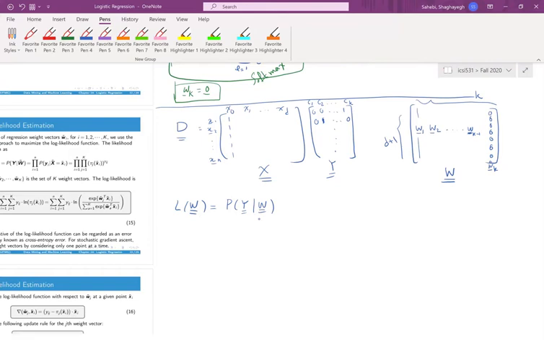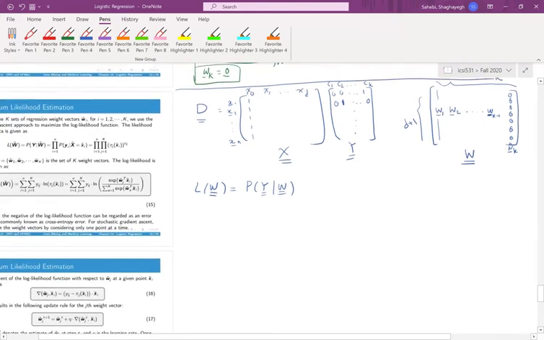Again, assuming that our data points are all independent of each other, I'm going to have a multiplication over our data points, i equals 1 to n, of the probability of yi given xi and matrix W.